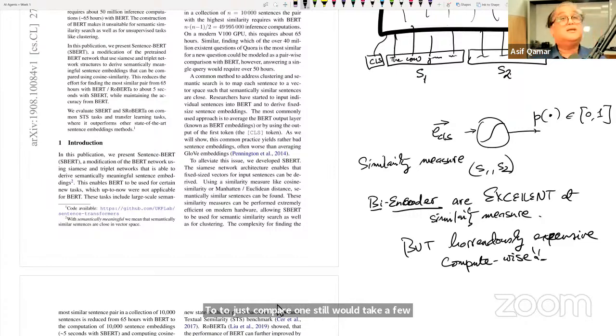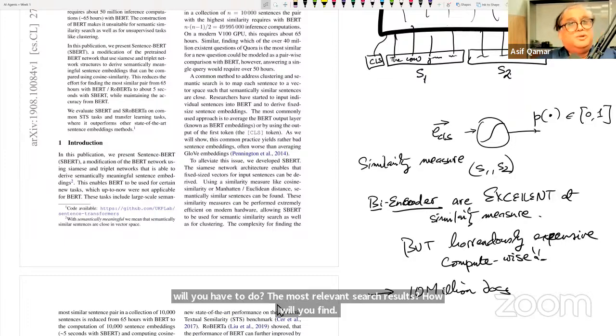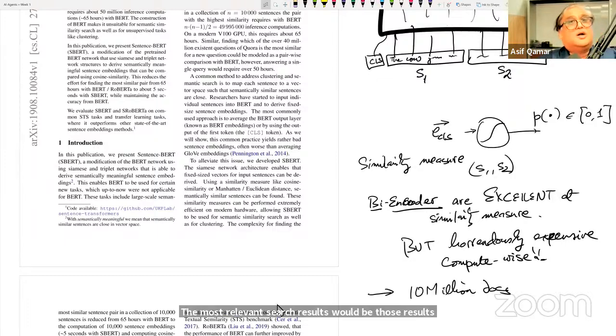But now the problem is, suppose I have 10 million documents and I tell you, go find my search results. If I give you a query, what will you have to do? How will you find the most relevant search results? The most relevant search results would be those documents which are most similar to the query, isn't it?